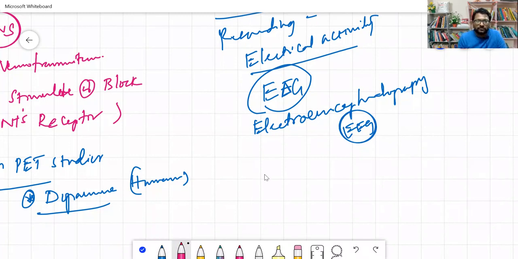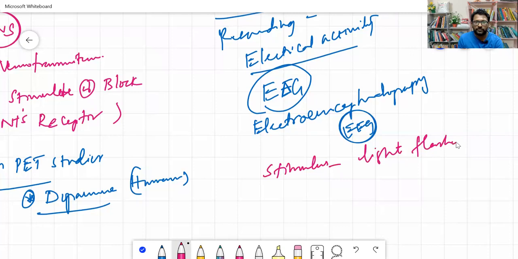In order to record this electrical activity, a series of stimuli or light flashes will be used.